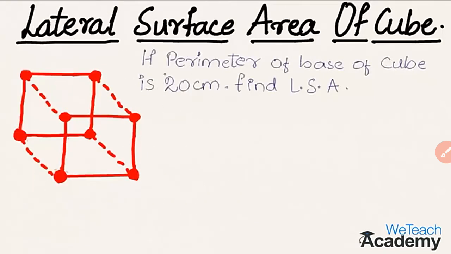Now see the next question. If the perimeter of the base of a cube is 20 centimeters, then find the LSA. We already learnt in the previous videos, children, that LSA is the perimeter of the base into height. So here the perimeter is given, you have to find the LSA.